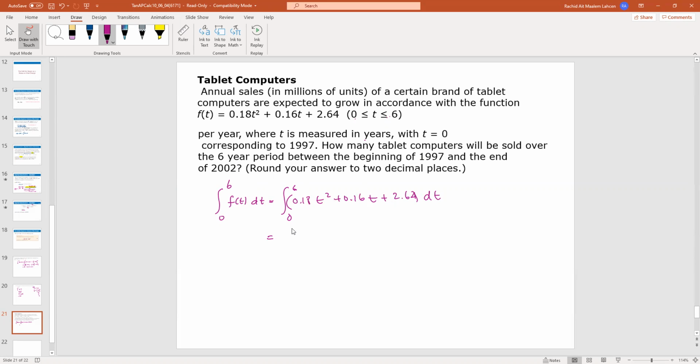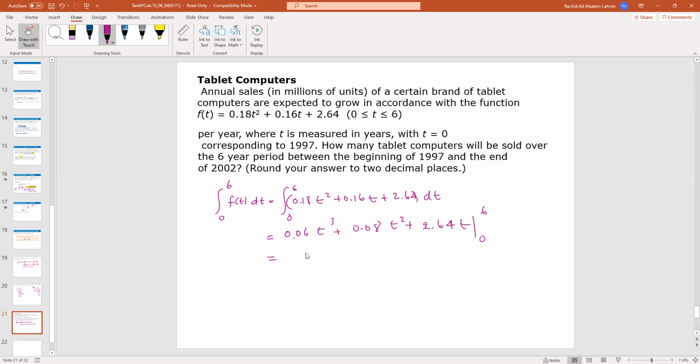And that will give us the antiderivative 0.06 t cubed plus 0.08 t squared plus 2.64 t, and this is from 0 to 6. And you see all these have t, so if you put 0, they are going to cancel.